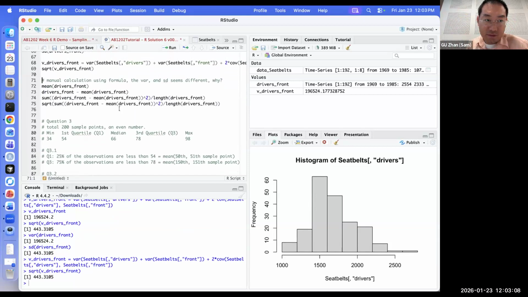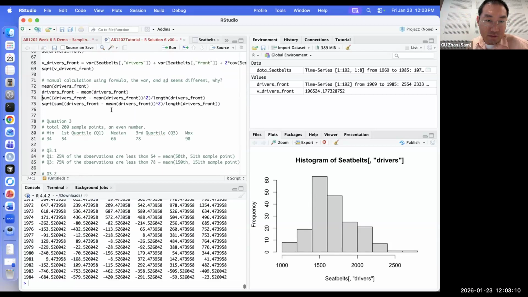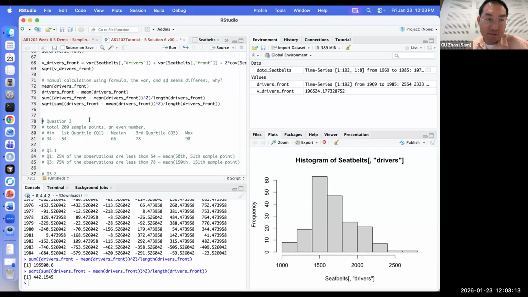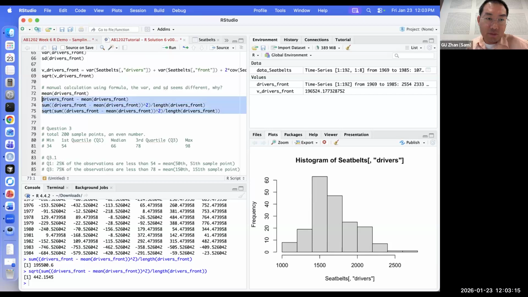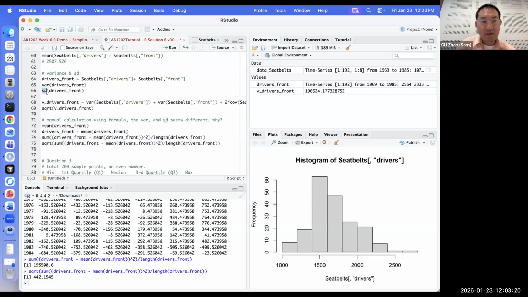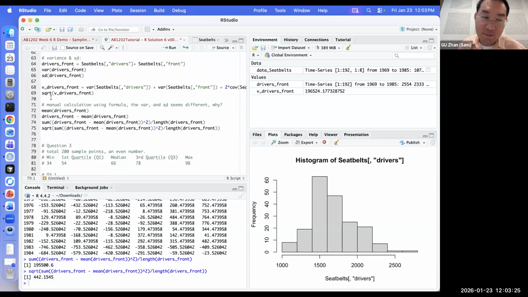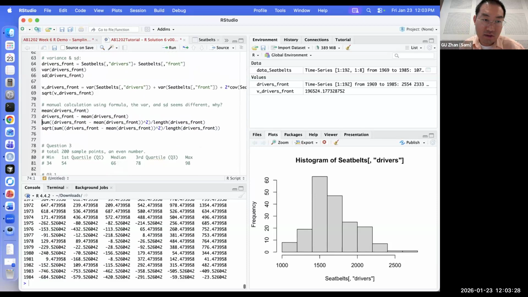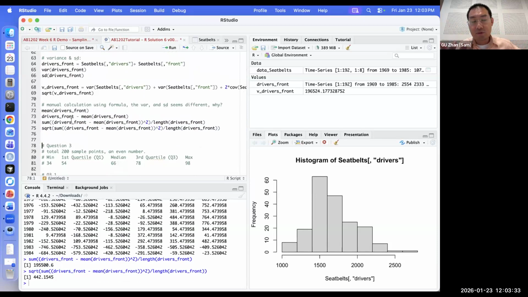Manual calculation using the mean value of drivers: this part is the population variance. If you are using the variance function and standard deviation function, it is calculating the sample variance. If you treat it as a population, you calculate it manually using the standard formula, which is each individual random variable minus the average of the random variable, squared, divided by n, the size of this population.